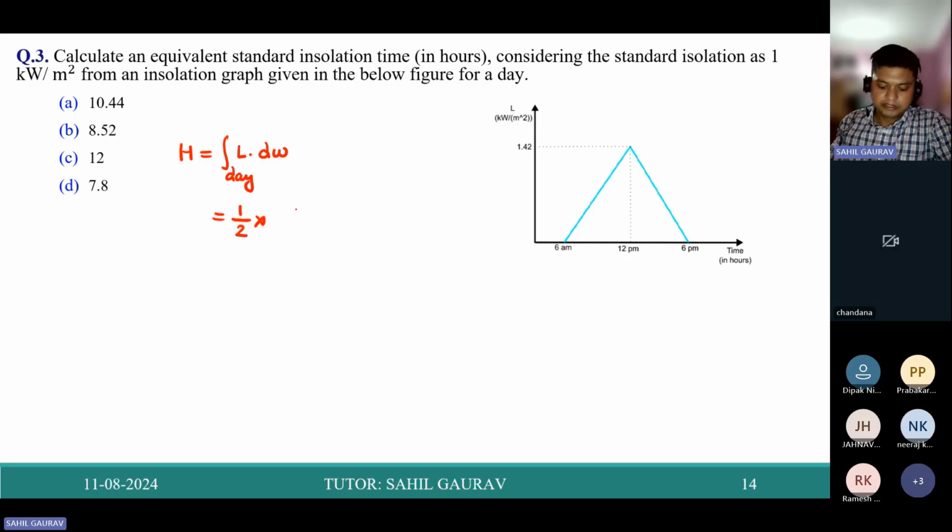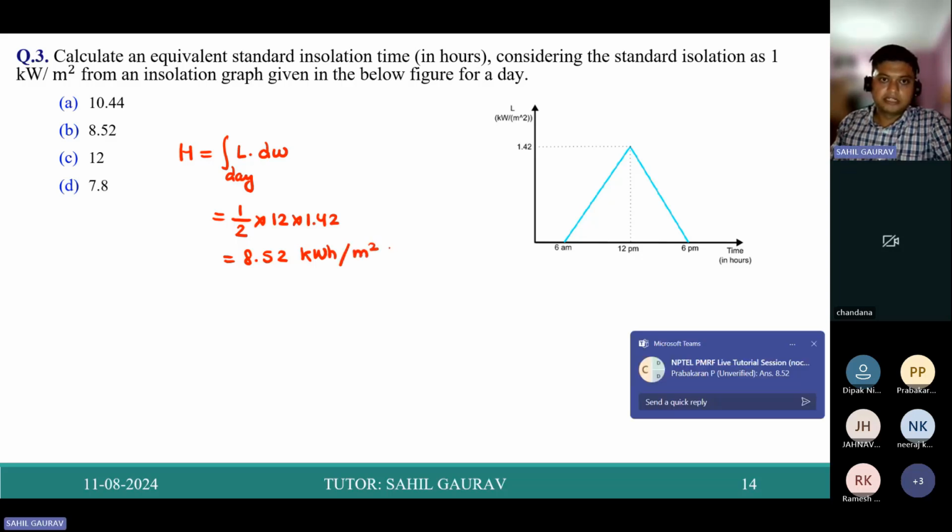It is half of base 12 times height 1.42. So it comes out as 8.52 kilowatt hour per meter square per day.